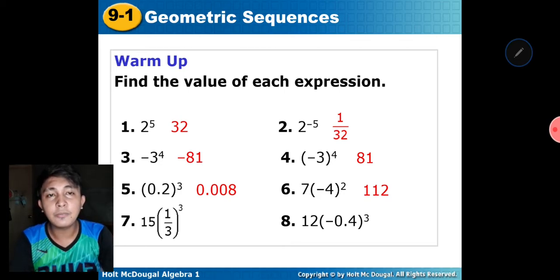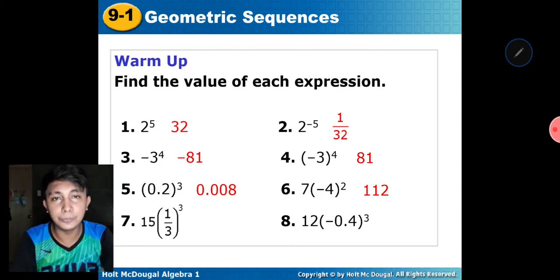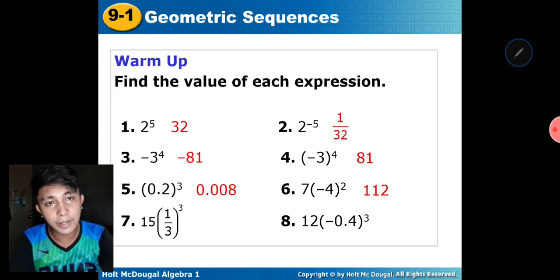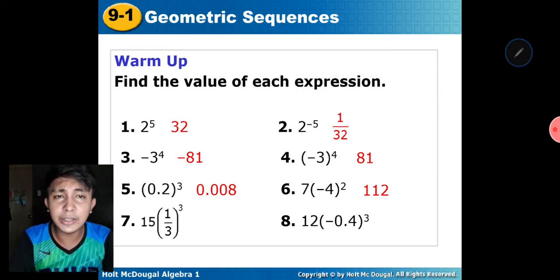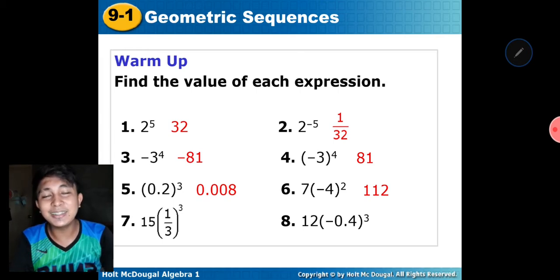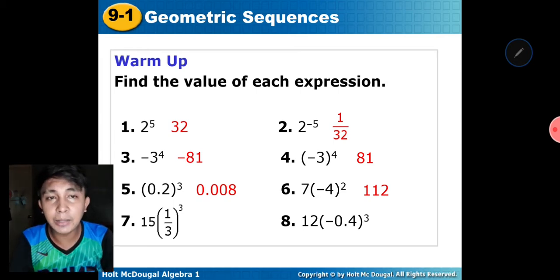Next, we have 15 times 1/3 cubed. As I said a while back, do the exponent first. So how do we do that? So, 1 over 3. We cube the numerator and the denominator as well. So 1 cubed is 1, and 3 cubed is 27.